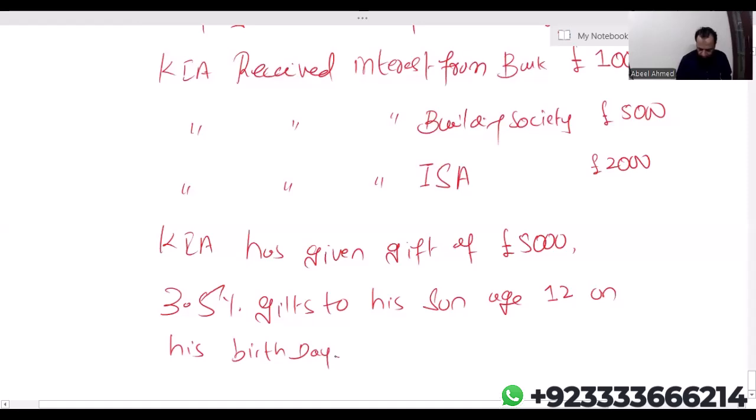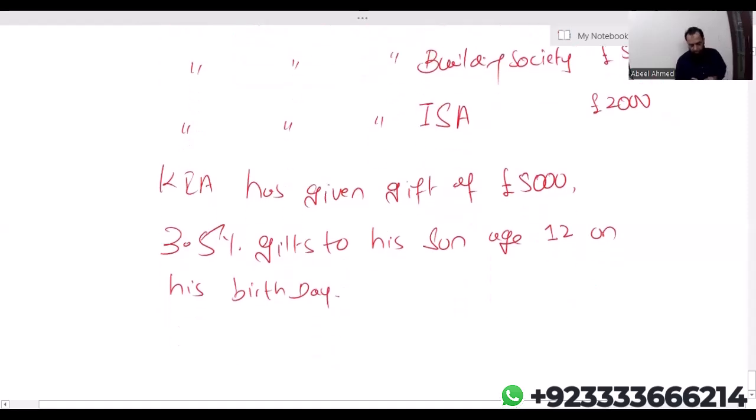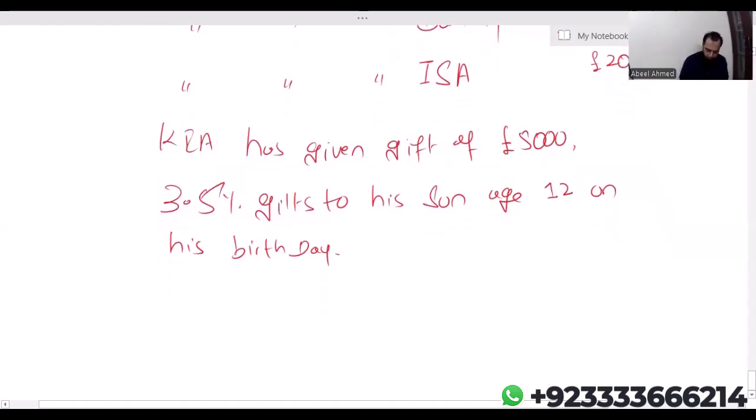Okay. Kia has given a gift of 5,000 pound, 3.5% gilts means government bonds, to his son, age is just 12, so a child. Okay, fine.